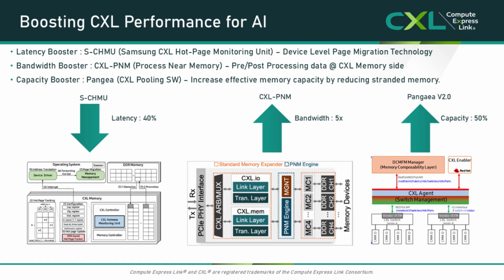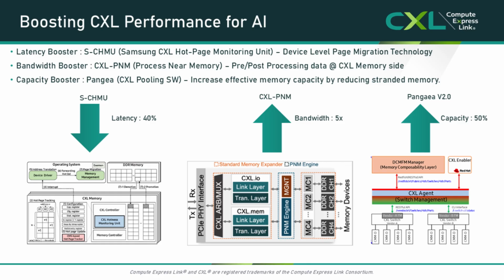By implementing this, we managed to improve the latency perceived at the application level by 40%. This effectively allows applications to experience performance that is nearly similar to standard DIMMs, removing the primary barrier to CXL adoption.